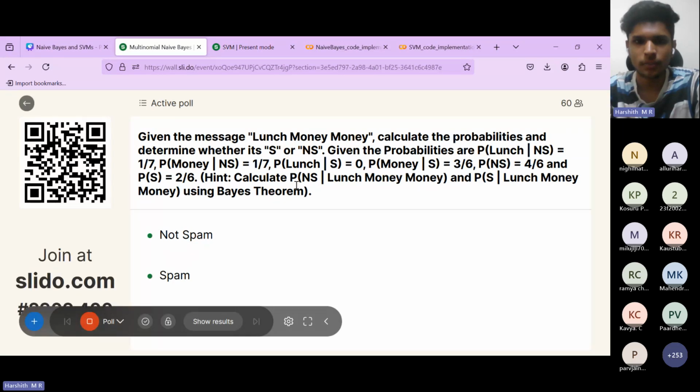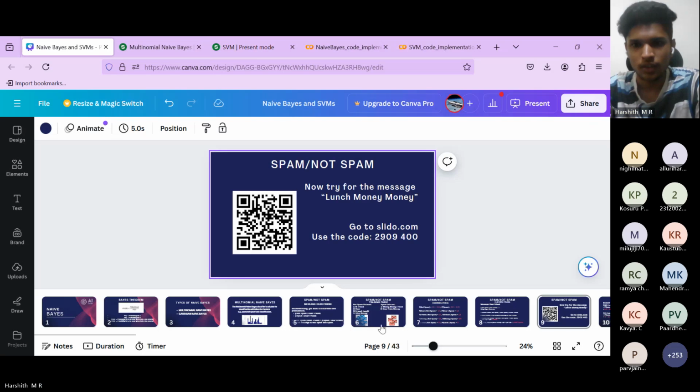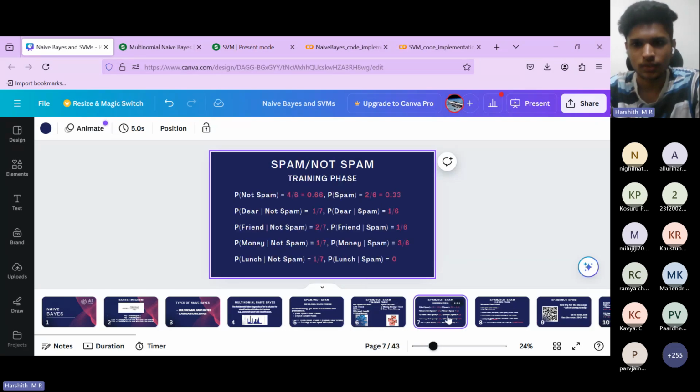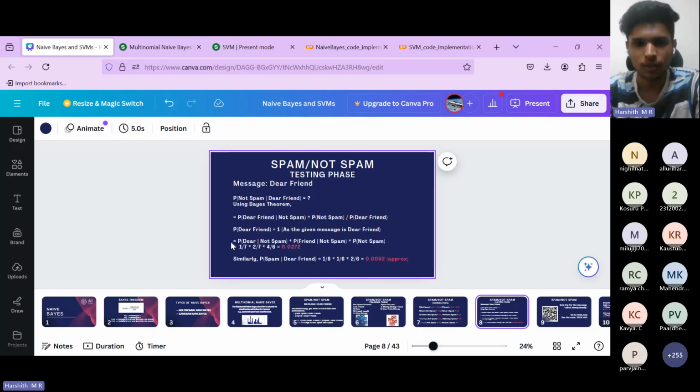You can refer to the Bayes theorem equation, or see the final equation, how it looks. It's basically probabilities of individual words times the probability of the class.